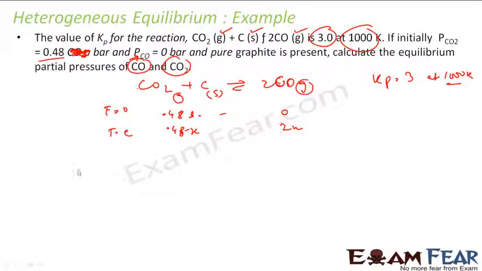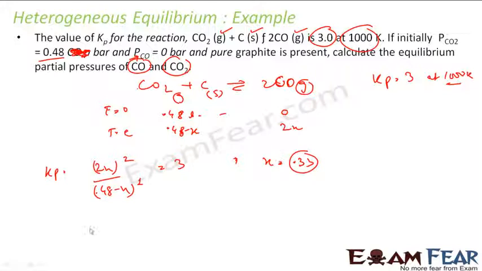Correct? So let's write the value of Kp. Kp will be the partial pressure of CO to the power 2 divided by the partial pressure of CO2 to the power 1. The carbon solid we can ignore. This value is given as 3. So you solve this equation and you get x equal to 0.33.